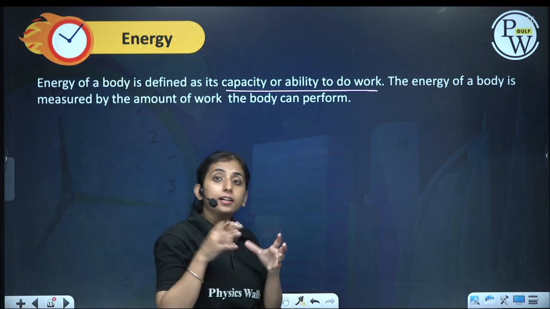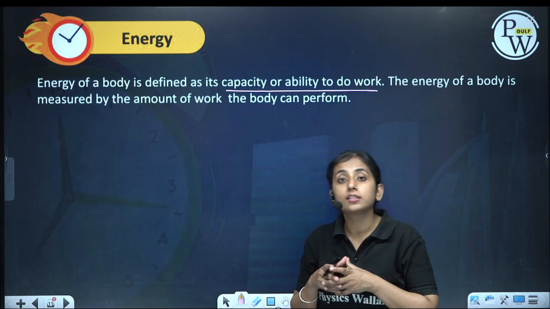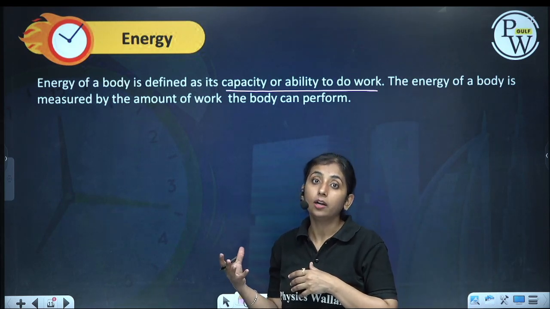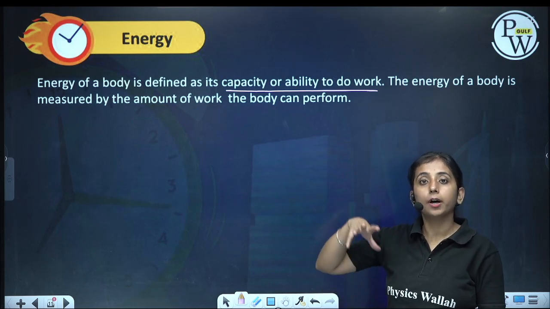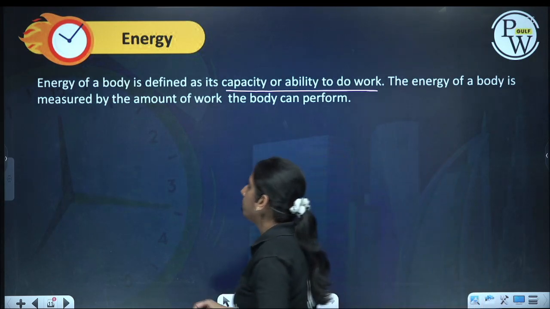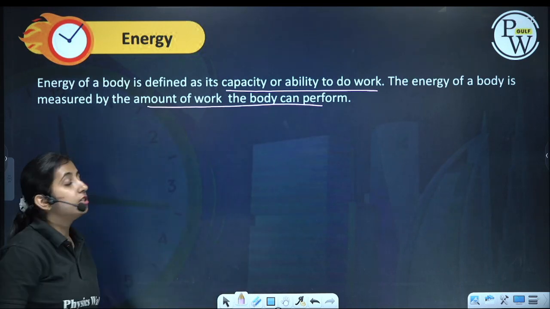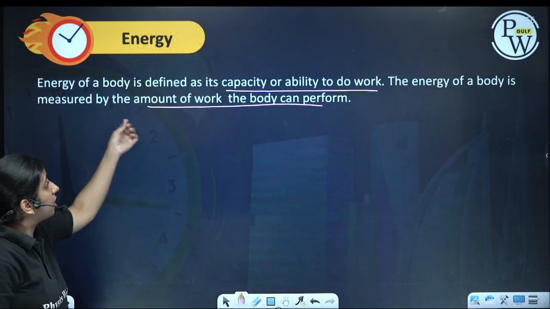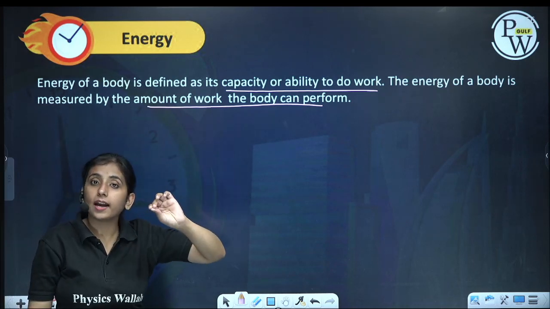The energy contained in a body defines how much work this body can perform in the future. So energy of a body is measured by the amount of work the body can perform.